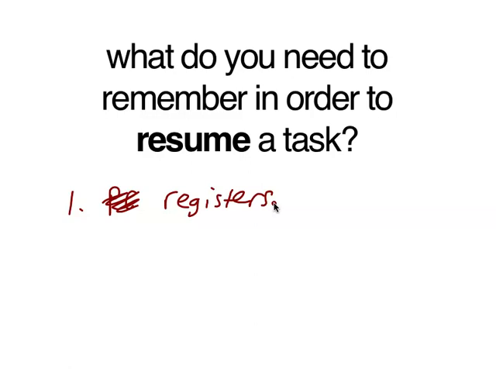Because the CPU has only one set of registers, he cannot keep so many for all the tasks they're running. So he has only one copy. Whenever you suspend the task, you take all the values in the registers, keep them to one side, and when you resume later, you put them back. Registers, very good. What else?